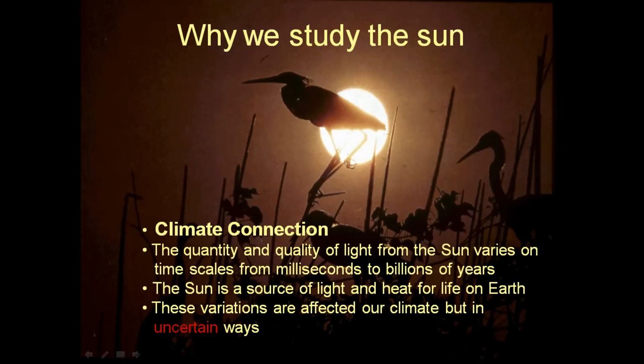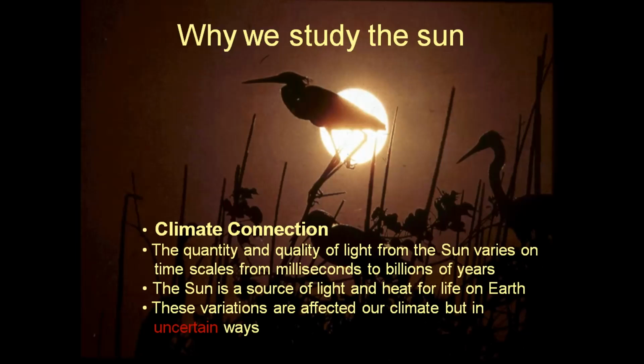These variations affect our climate, but in uncertain ways. That uncertainty is the important thing, because we know that there are variations, but we don't know when they are going to happen.